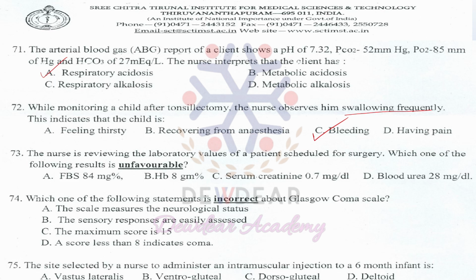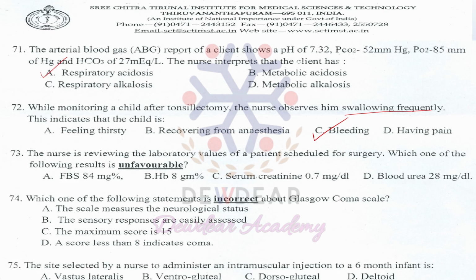The nurse is reviewing the laboratory values of a patient scheduled for surgery. Which one of the following results is unfavorable? Options: FBS 84 milligram percent, HB 8 gram percent, serum creatinine 0.7 milligram per deciliter, and blood urea 28 milligram per deciliter.